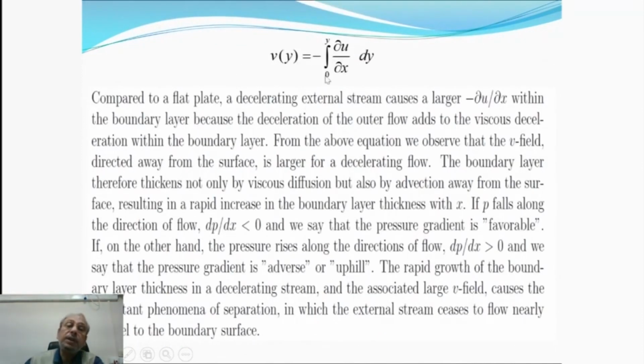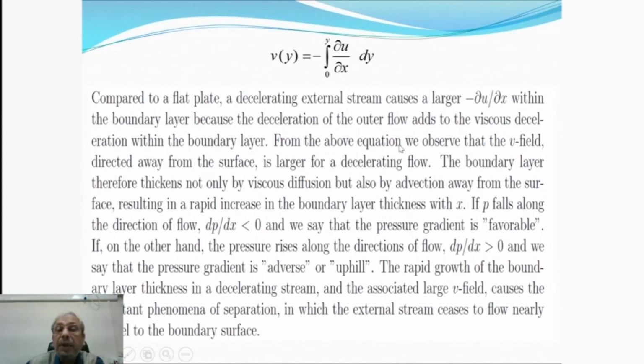So from the continuity equation we can get the V velocity, which is given by minus the integral of ∂u/∂x from 0 to y, dy. Compared to a flat plate, a decelerating external stream causes a larger minus ∂u/∂x within the boundary layer, because the deceleration of the outer flow adds to the viscous deceleration within the boundary layer.